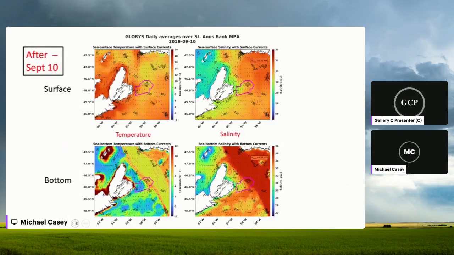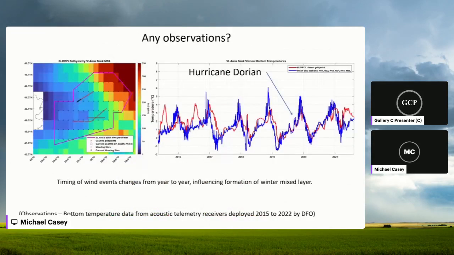Go to a couple days later, and you see that there's been a substantial decrease in the surface temperatures from the passage of the hurricane. Was there evidence in any observations? A tiny bit here at some deeper stations, but otherwise, most of the moorings that were out there at the time were too deep to capture what was going on.